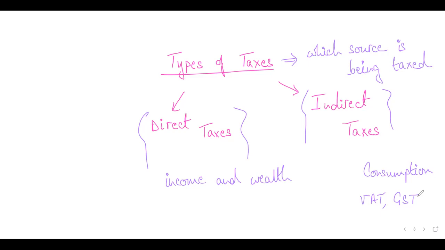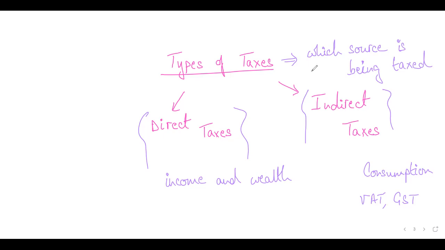When I earn any income, I have to pay income tax. Then there is property tax, capital gain tax. All these other taxes that are not on consumption are on income and wealth, and therefore they are direct taxes. Any confusion so far? Is everyone understanding?